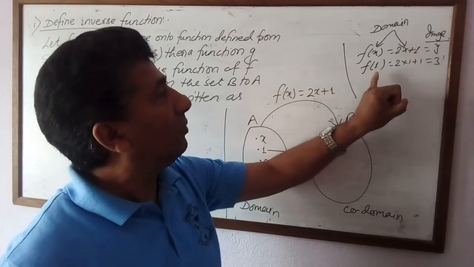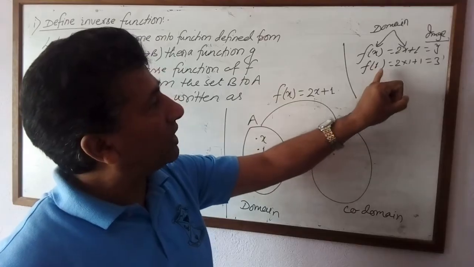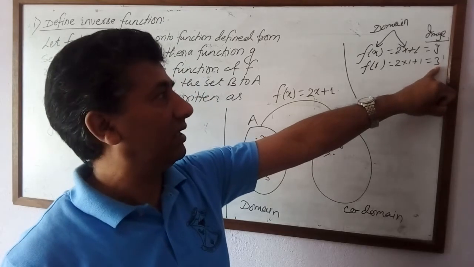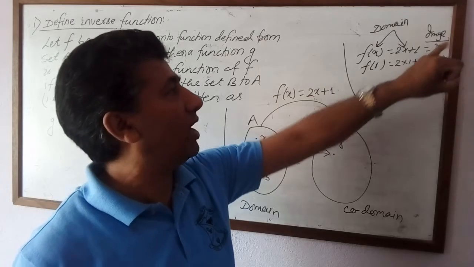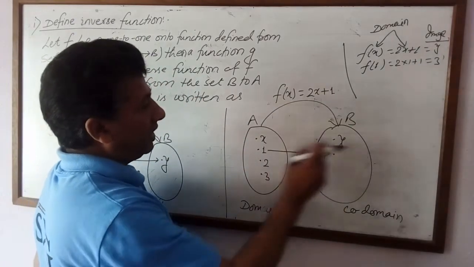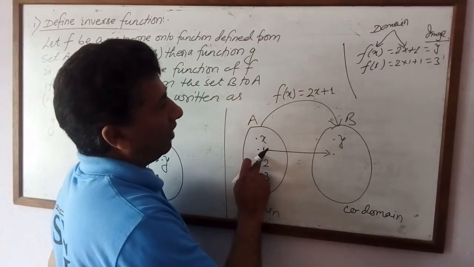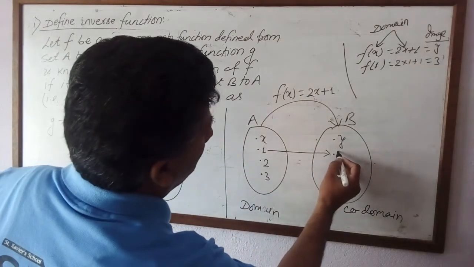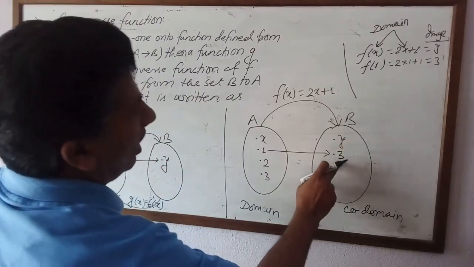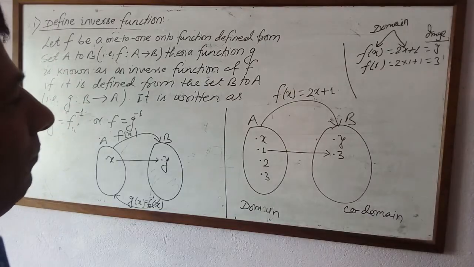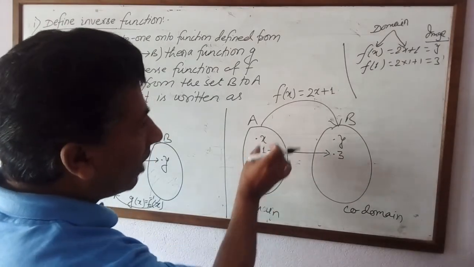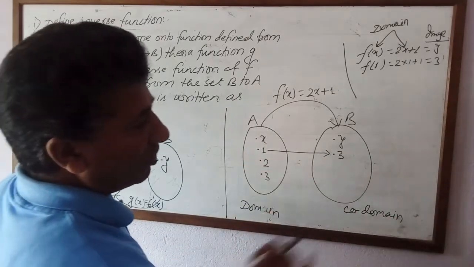The functional value which we found is 3. This 3 is called the image, which we write as y. This y represents the image. When we write the value of x equals 1 in this formula, it gives the value 3. So one image we found, that is 3. In another word, what is image? The value given by a function is known as the image.